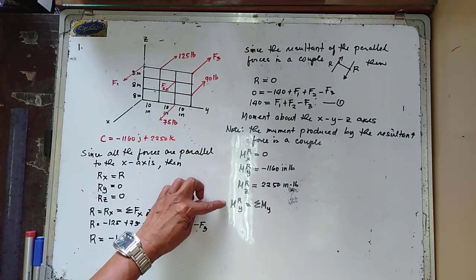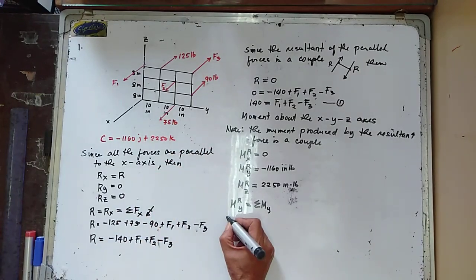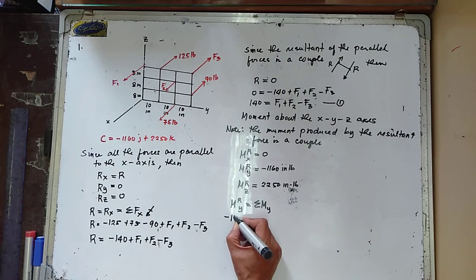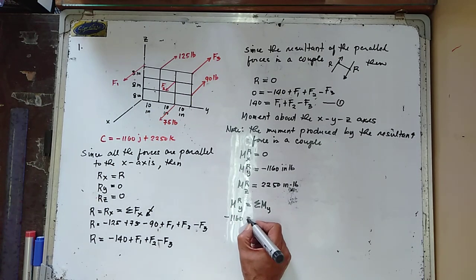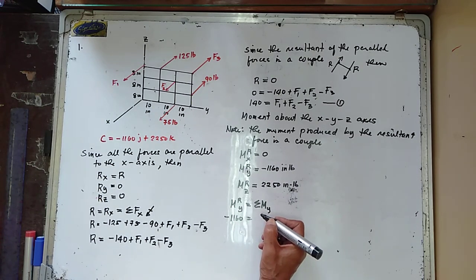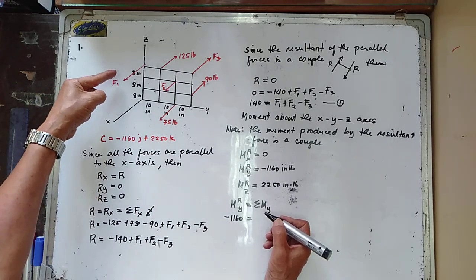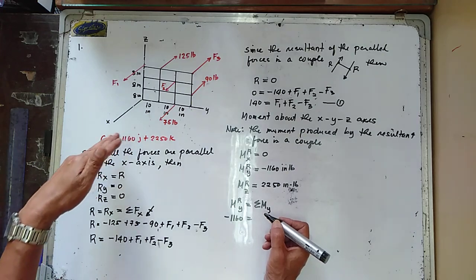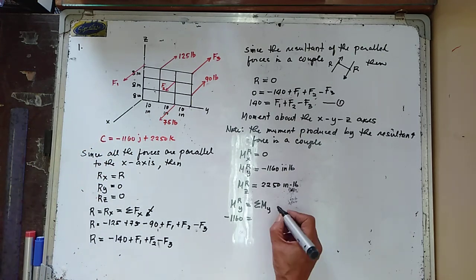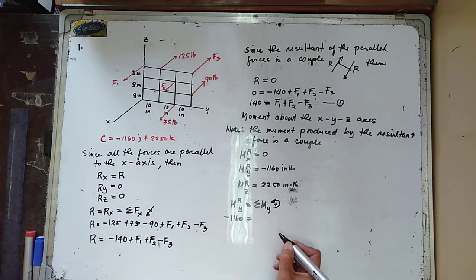So the moment of the resultant about the y-axis is negative 1160 inch pounds. So let us try to get now your F1's moment about the y-axis. At this point, I am going to take counterclockwise moment as positive.